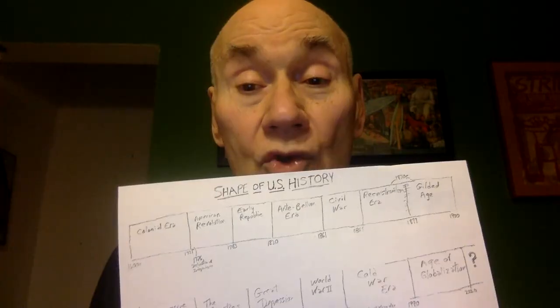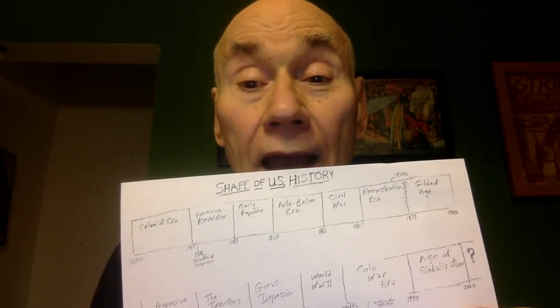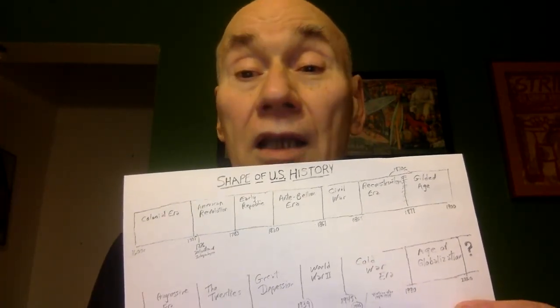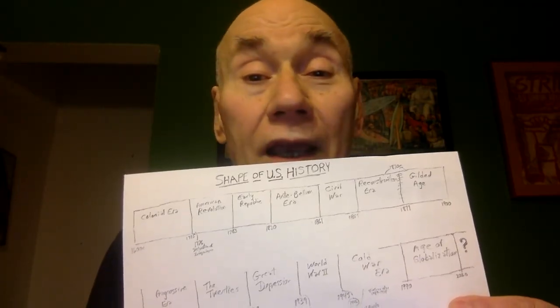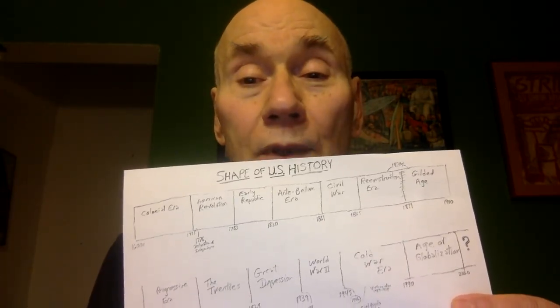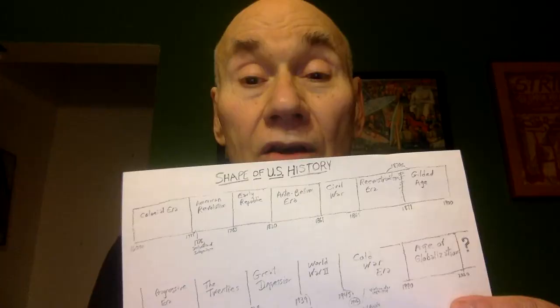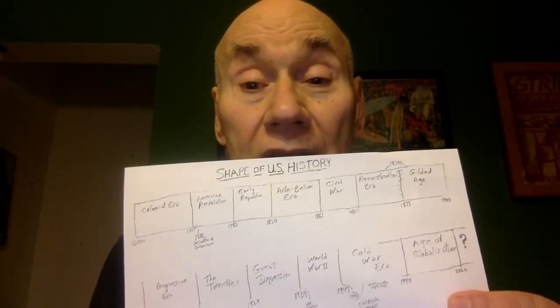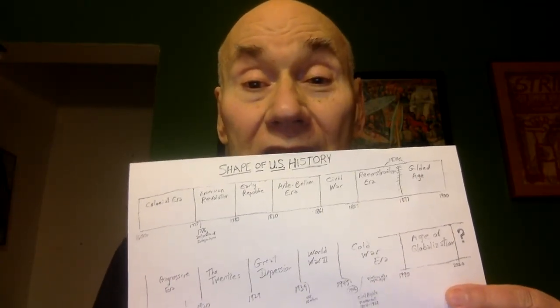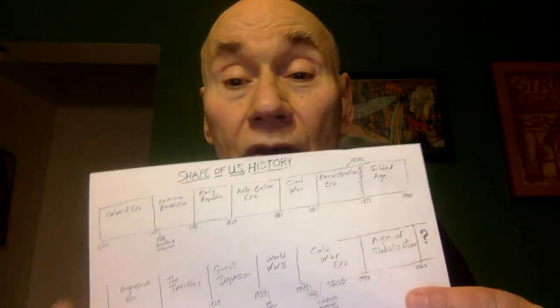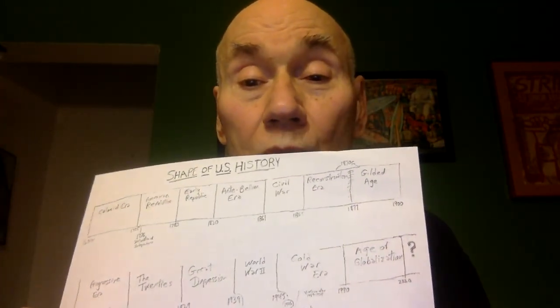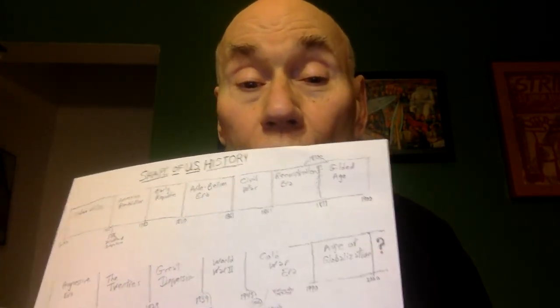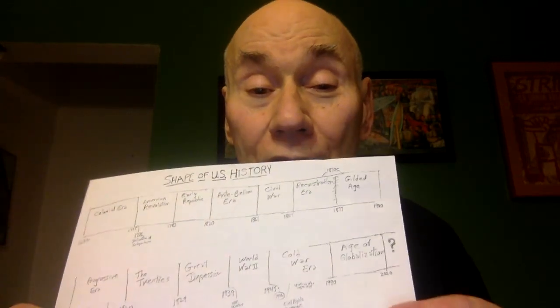And you have the Reconstruction era that overlapped with the Gilded Age, the Golden Age, the glittering age where immense wealth was being created because of the industrialization of the United States, the deepening and acceleration of that industrialization. And we'll be looking at that more later, of course. We'll be looking at all of these things later.